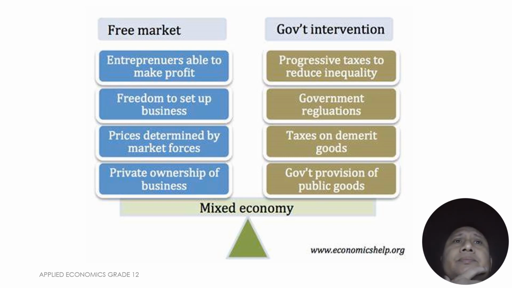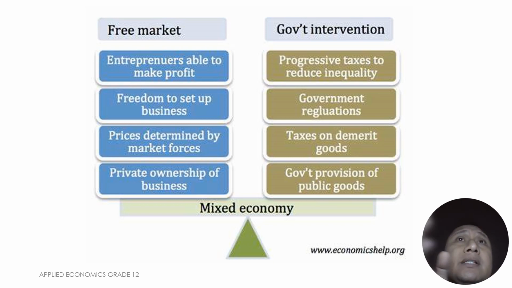Let's compare the two. Mixed economy is this. You have free market and you have government intervention. And there's a sort of tradition. I'll prove that later. So here, free market means entrepreneurs are able to make profit, freedom to set up business, prices determined by market forces, law of supply and demand, we'll discuss that in session 2, private ownership of business, okay, hindi yung government.